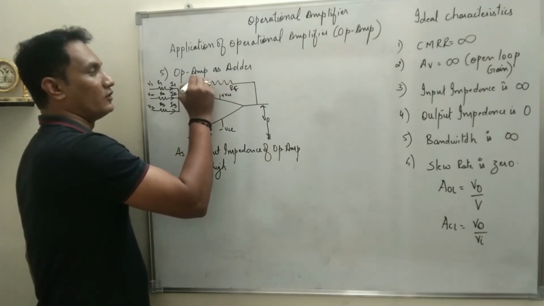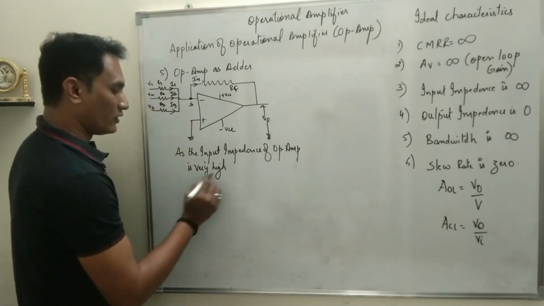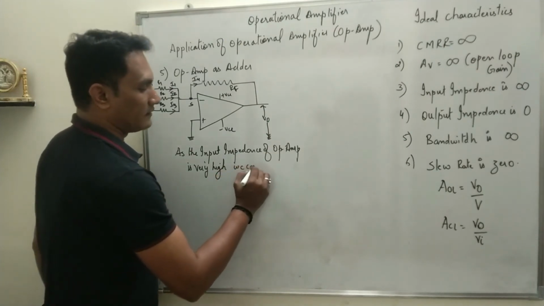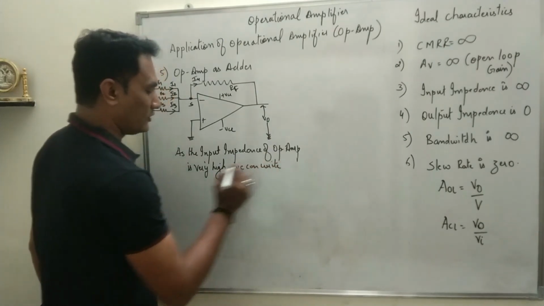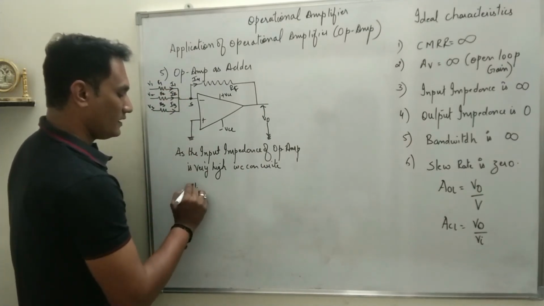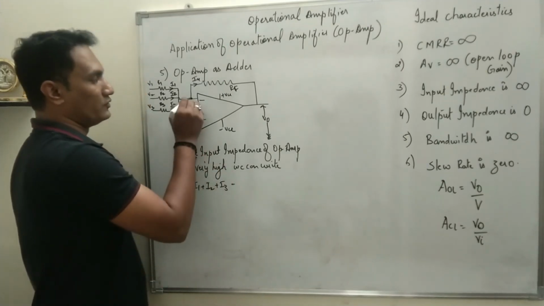Let that current be called I4. So as the input impedance of op amp is very high, we can write the current I4 is I1 plus I2 plus I3 up to this point.